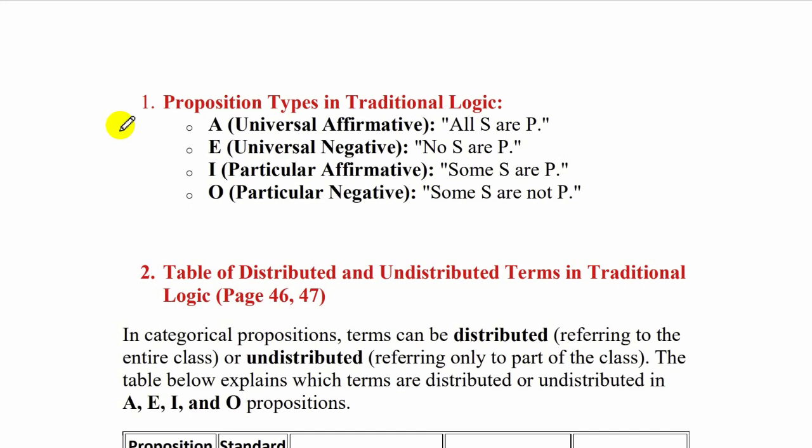Along with that, we'll also learn how to convert propositions from one type to another in terms of converse, obverse, obverted converse, contrapositive, full and partial both, and inverse, full and partial both.